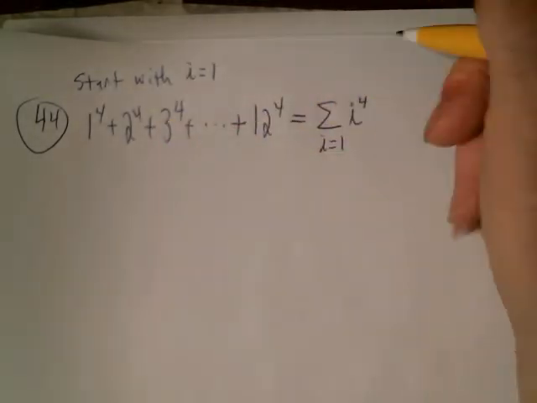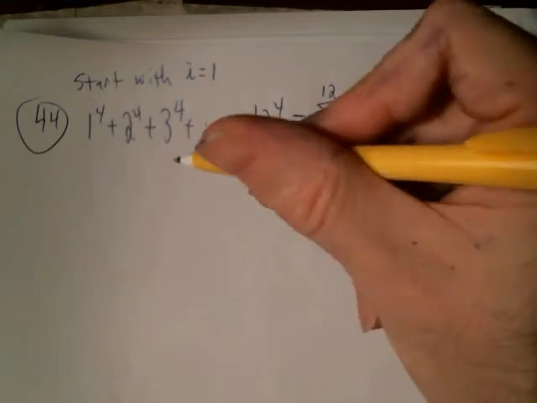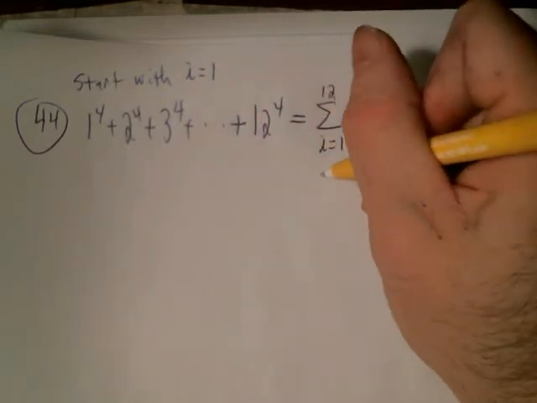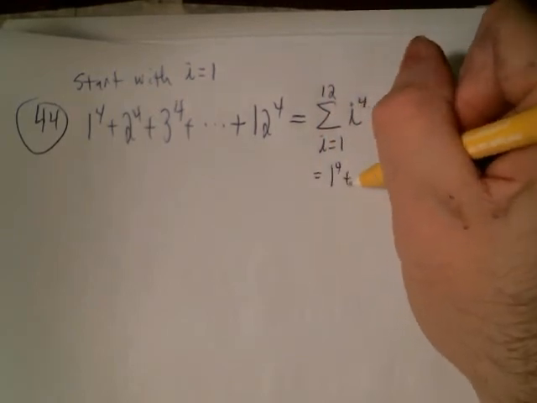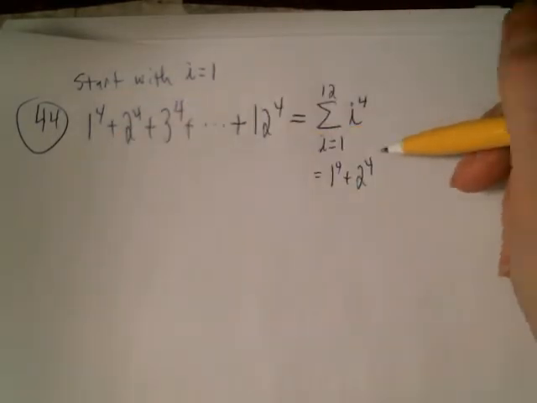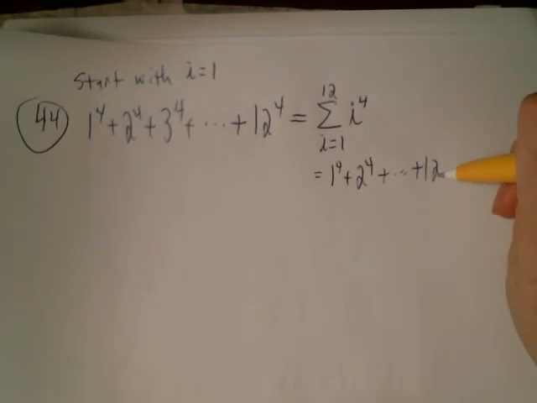And it looks like they're going all the way up to 12. And if you're not sure, what you do is just re-expand it and see if you get the same thing. So if I were to re-expand it, it would start at 1 to the 4th, and then go to 2 to the 4th, and sure enough, it's mirroring what we have, okay, all the way up to 12 to the 4th, and yeah, that's what it is.